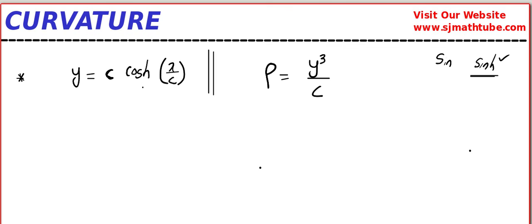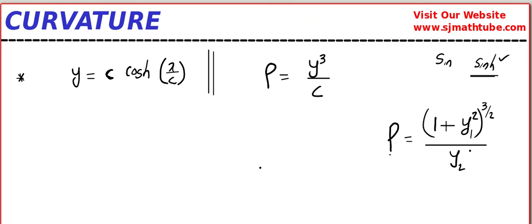Anyway, in class 12, I'm sure that you learned the derivative of cosh is sinh and the derivative of sinh is cosh, and this is clearly Cartesian, so I'll write the formula. Radius of curvature at any point is given by rho is equal to (1 plus y1 square) to the power 3 by 2, divided by y2. So the first derivative will be c into sinh x by c multiplied by 1 by c.